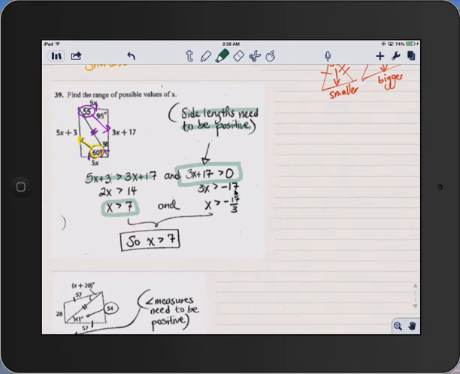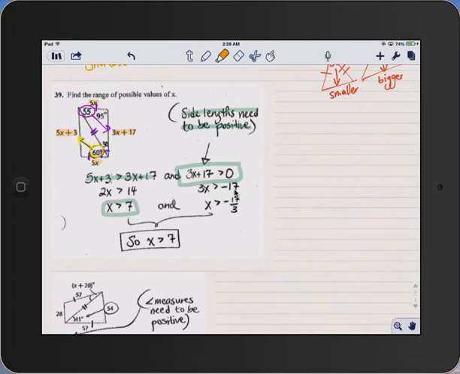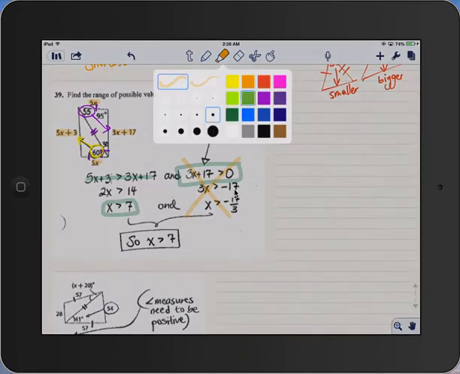In looking at this problem, actually, because x has to be bigger than 7, when you put numbers bigger than 7 into these expressions here, they're all going to be positive. So you actually don't really need to do this inequality on this particular problem. But if you did, it really just ends up giving you the same answer you would have if you didn't.